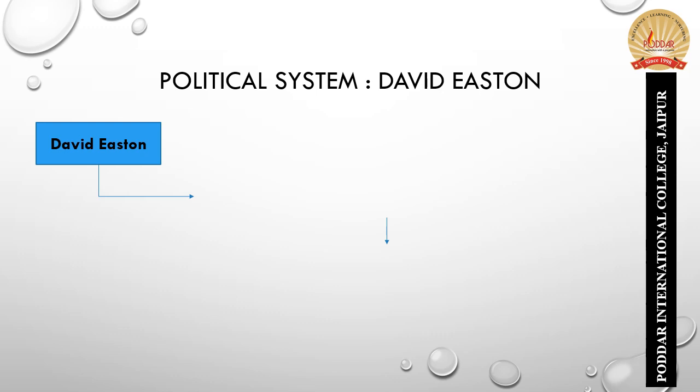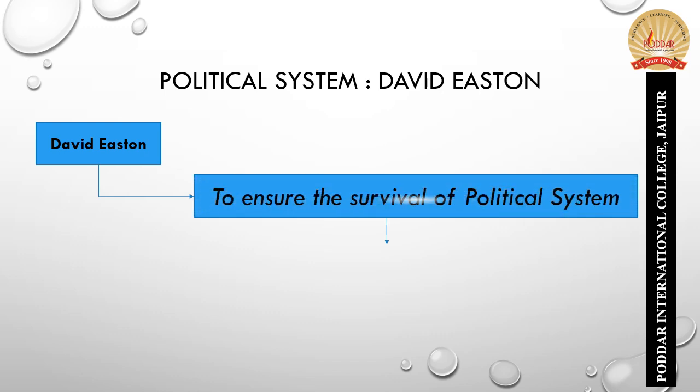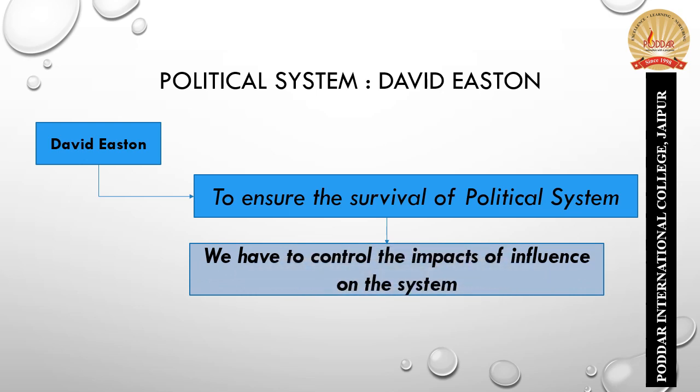According to David Easton, to ensure the survival of a political system, we have to control the impacts of influence on the system.